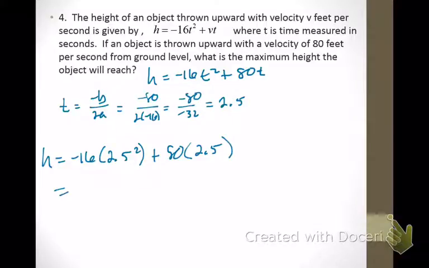Right, so we're going to take 2.5 squared times negative 16, which is negative 100, plus 80 times 2.5, and that's 200. Add those together. And the maximum height for that object is going to be 100 feet.